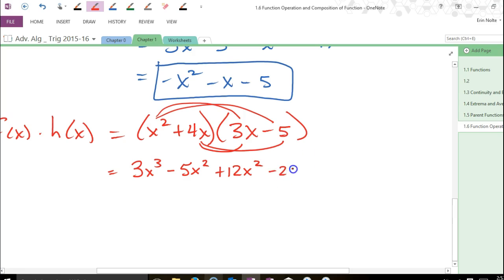Negative 20x. Okay. Are there any terms that I can combine? Yes. So how many x squareds do I end up with? Positive 7. Good. Okay, am I done? Yes, good.